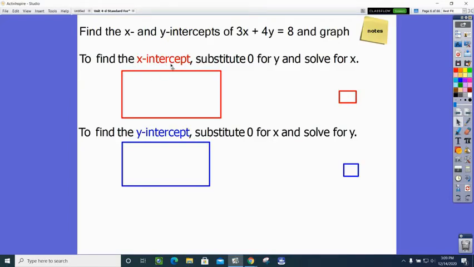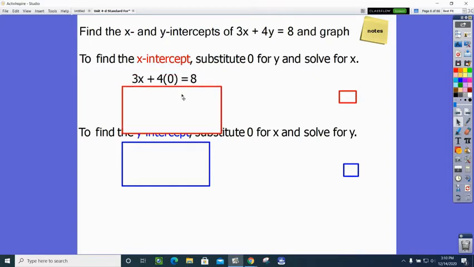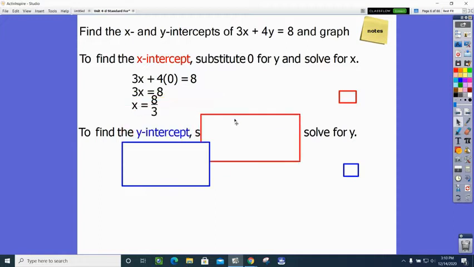So to find the x-intercept, you substitute 0 in for y and solve for x. 4 times 0 is 0. You've got a one-step equation, divide both sides by 3, and there would be my x-intercept. For the y-intercept, you've got to let x equal 0.